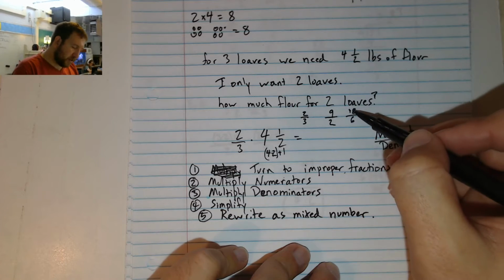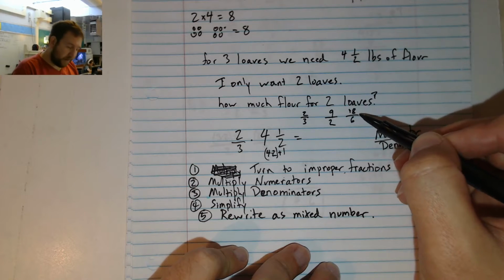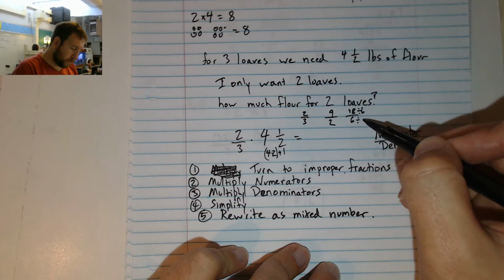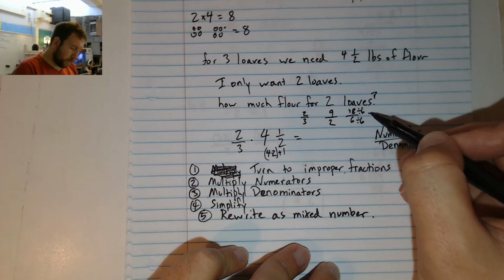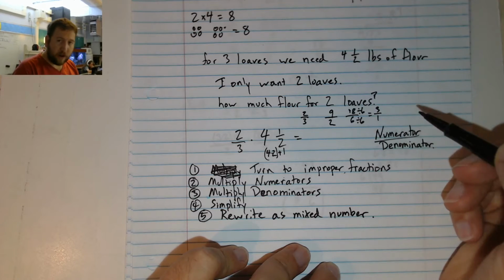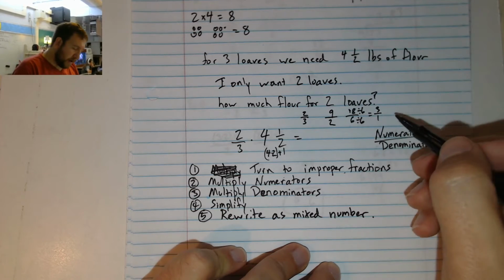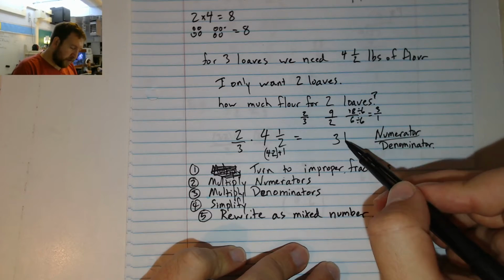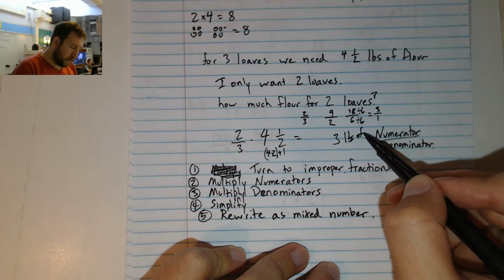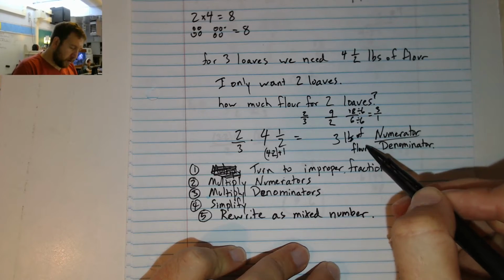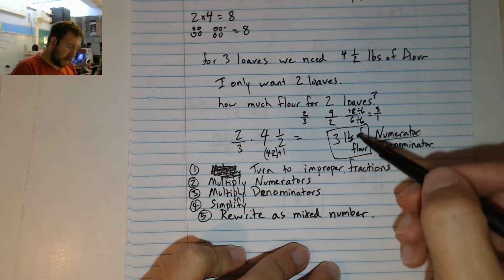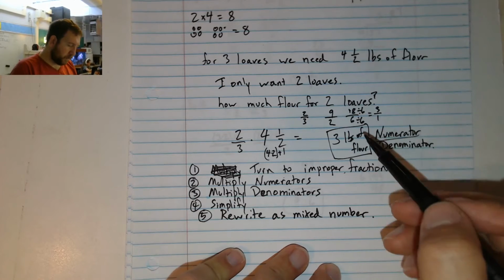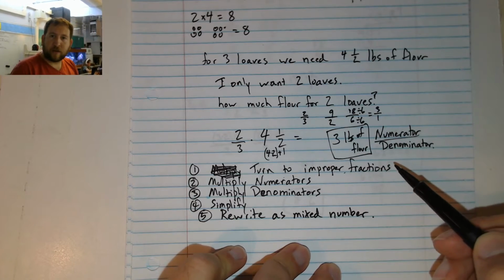So this I can just turn into, well, actually, if I divide by 6, I get 3 over 1, which I can really simplify as 3. So my answer is that I'll need 3 pounds of flour to make 2 loaves of Mr. Dan's famous recipe.